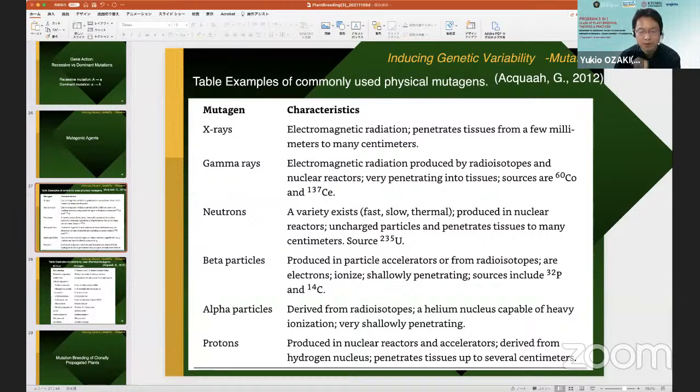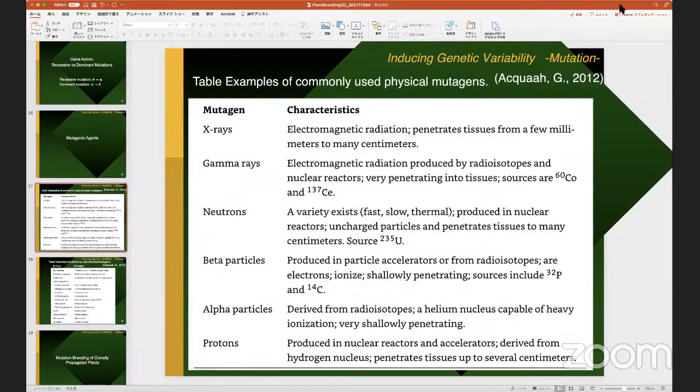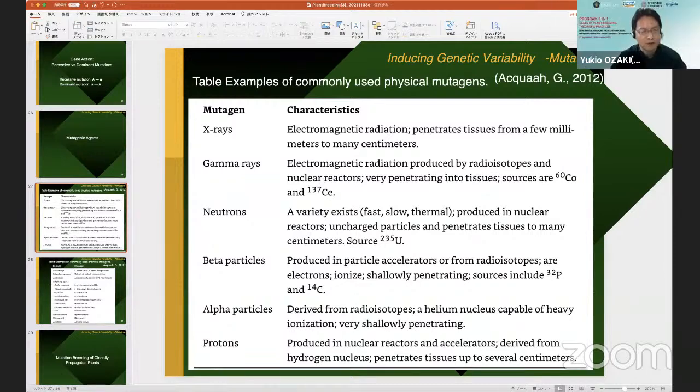For example, in the induction of flower color variation, physical mutagens are commonly applied for inducing the mutant, but for other types of mutant induction, chemicals are used because the efficiency of the mutation induction is larger and milder, not larger, but milder in these chemicals. Is it okay?